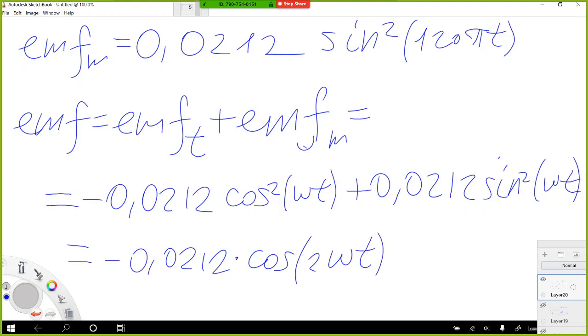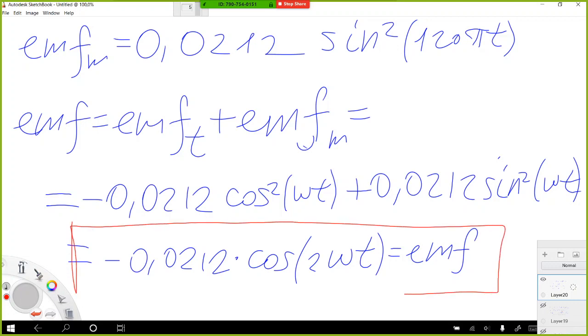This is the final electromotive force in our problem.